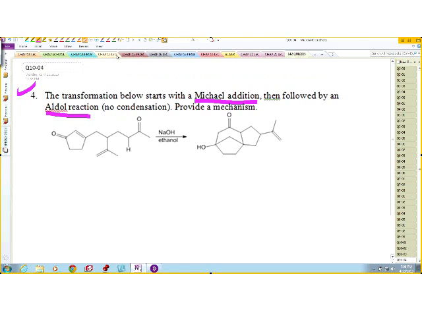So now they want you to provide the reaction mechanism. Okay, to help you out, let me go ahead and number this molecule so you guys can work with me to solve this problem.